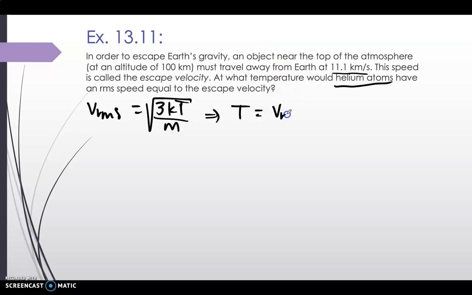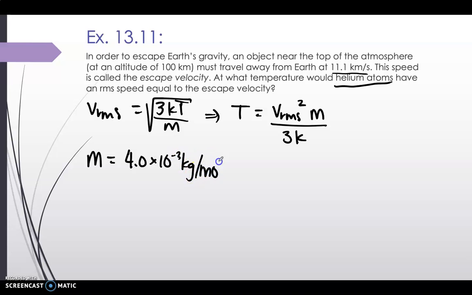So it's going to be VRMS, and we'll need to square both sides, multiply by our mass, and divide by 3 times K. So this is going to be our temperature, but we need to find our mass. Our mass of helium atoms will be, again, our molar mass, so 4.0 times 10 to the negative 3 kilograms per mole.